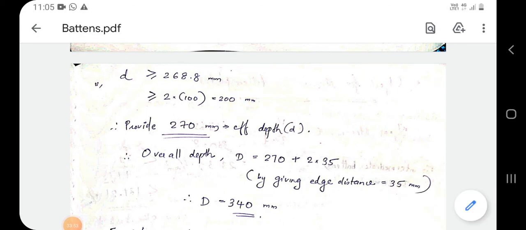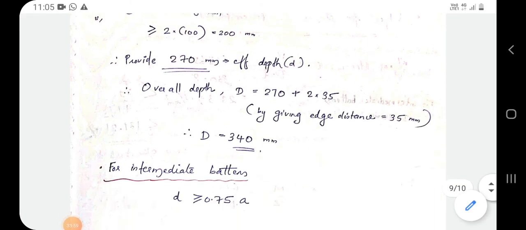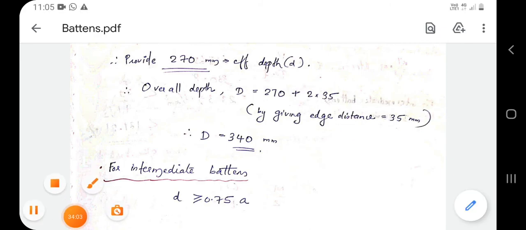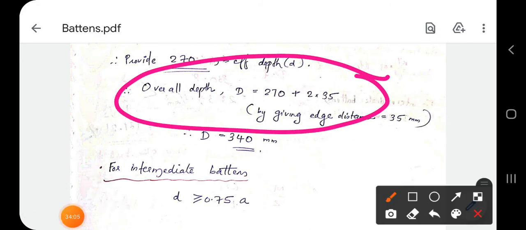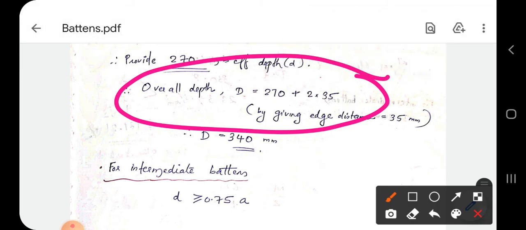D should be greater than 268.8, so we took it as 270 mm for end battens. And assuming an edge distance of 35 mm, the overall depth will be equal to 270 plus 2 times edge distance on either side.